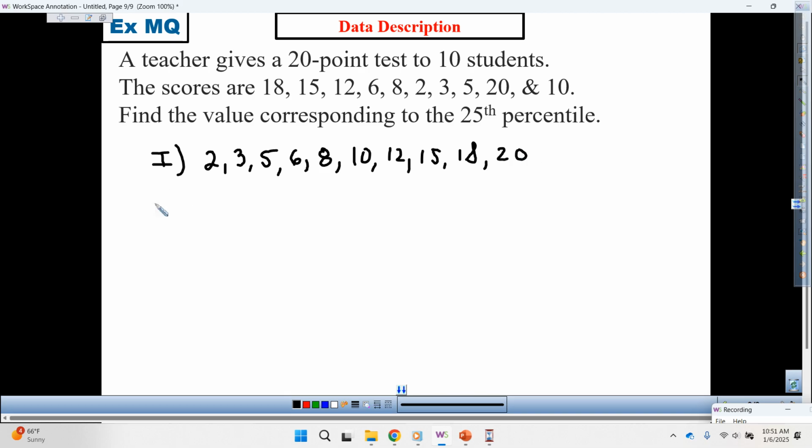All right. Step 2. We need a formula. It says find the corresponding value for 25%. So this time they give us the percent, so then we need to find the corresponding value. Corresponding. So what formula do we use for the corresponding? Give us the formula.